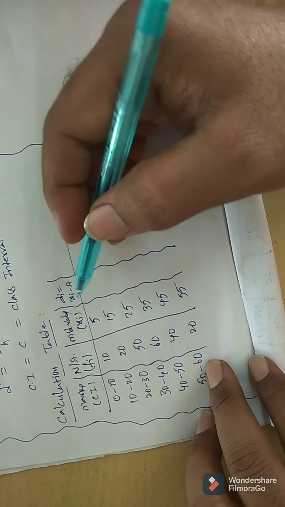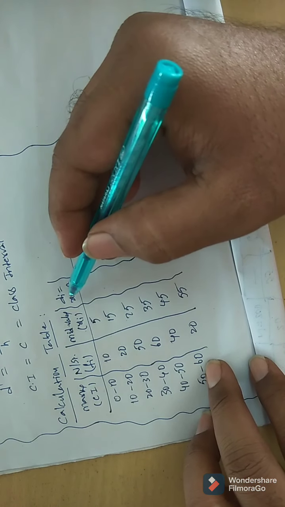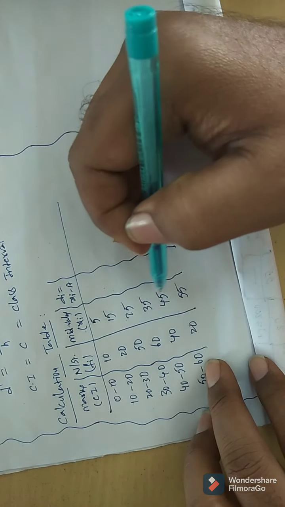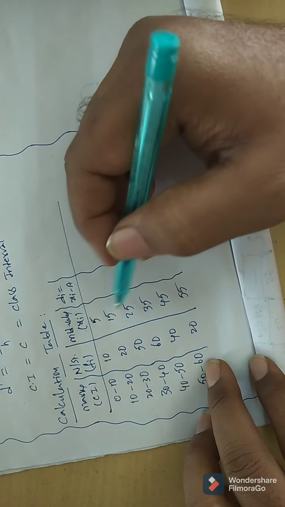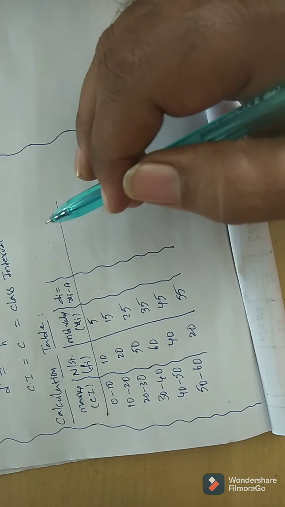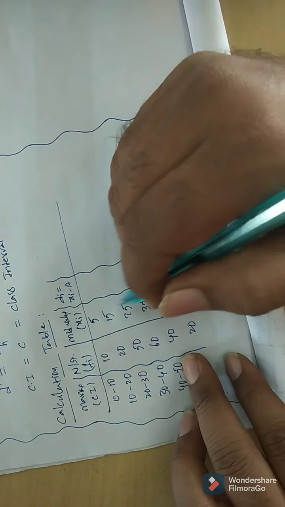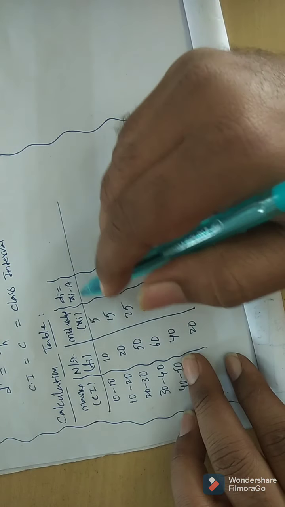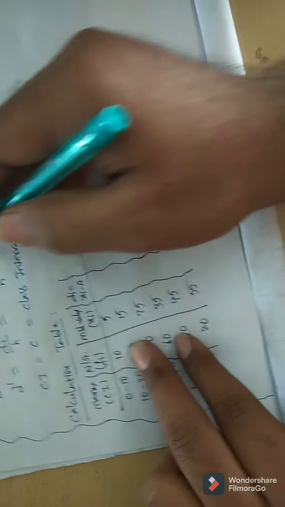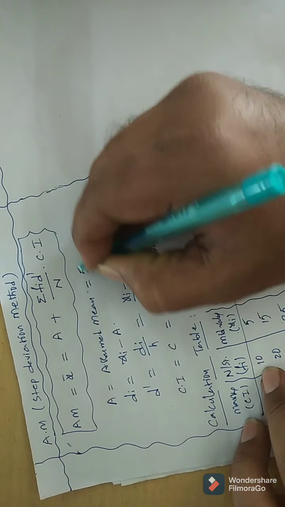To get the A value, because we need to subtract A from the mid values, take an appropriate value that does not lead to negative values or decimals, and that reduces the values as much as possible. So here the best one is to take A as 5.